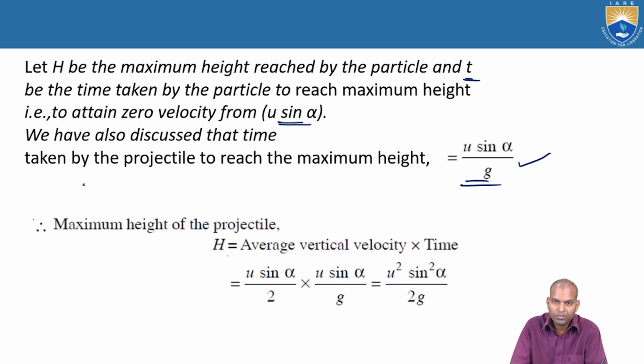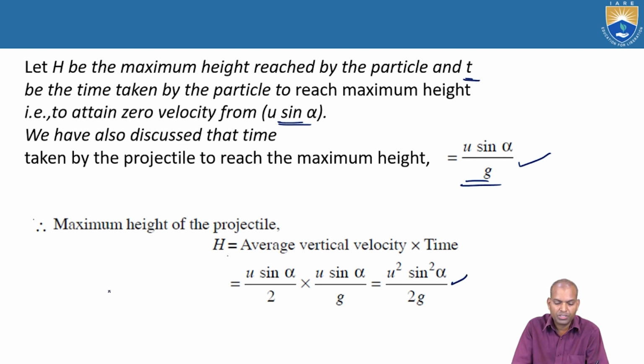The maximum height of the projectile, h, equals average velocity times time. What is the average velocity? It is u sin alpha by 2, times the time, which is u sin alpha by g. If you multiply, that becomes u square sin square alpha by 2g.